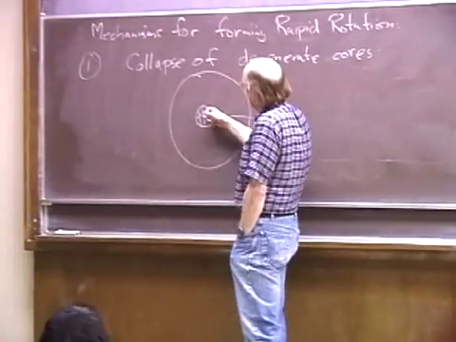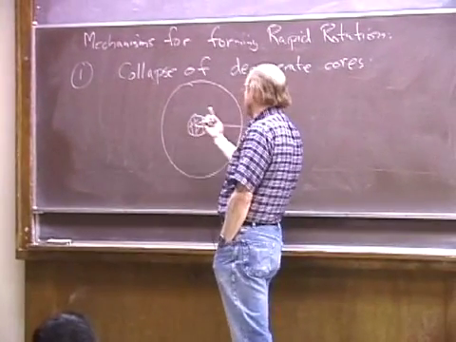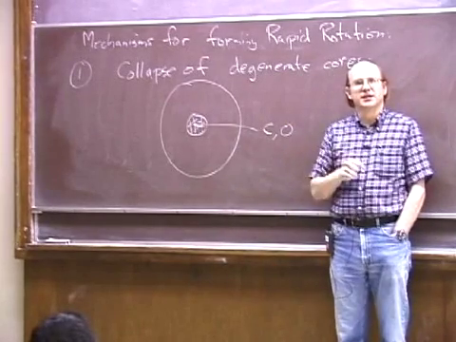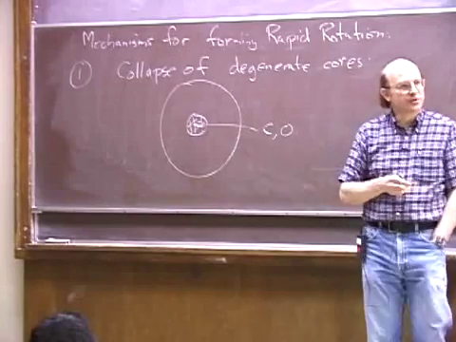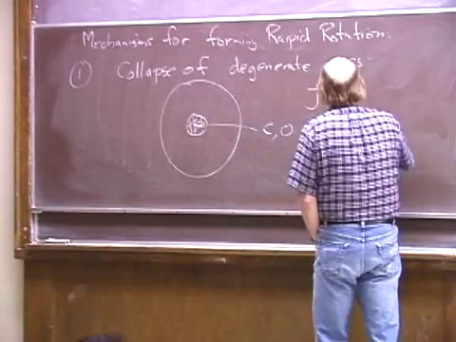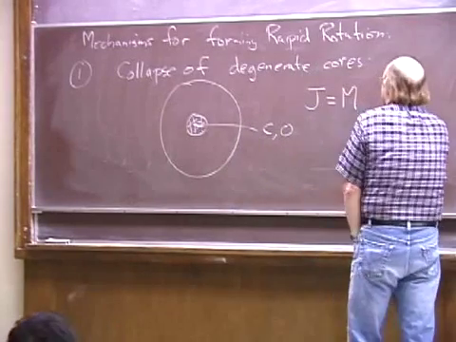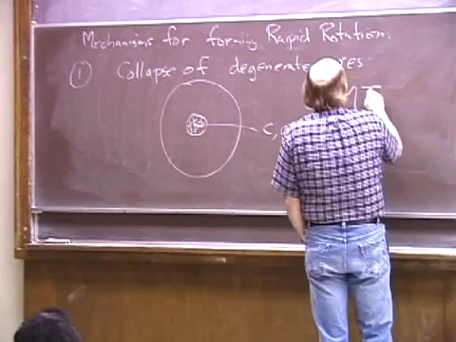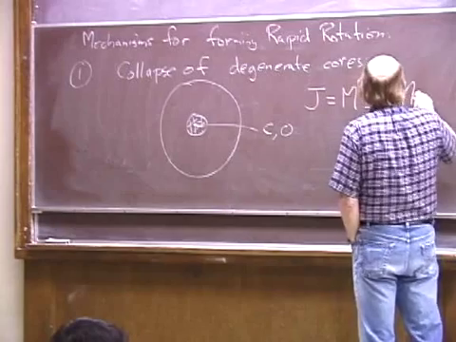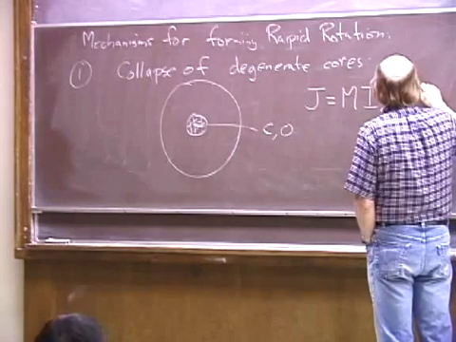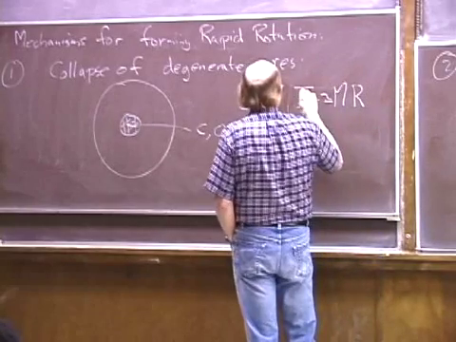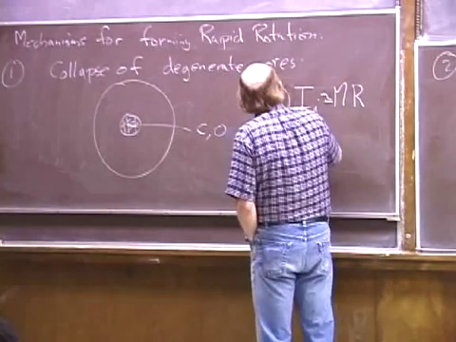Well, when you have an object which may have a little bit of angular momentum collapsing, as it collapses, the angular velocity increases, in order to conserve angular momentum. So say the angular momentum of this core is J. The core has some mass M and some initial moment of inertia. It's the moment of inertia times the initial angular velocity.